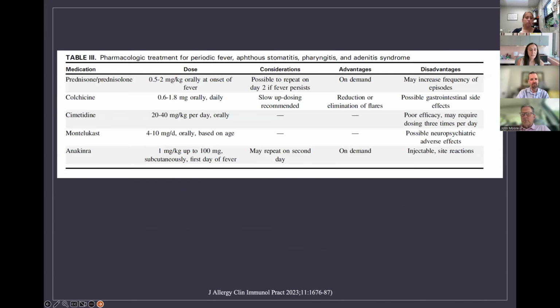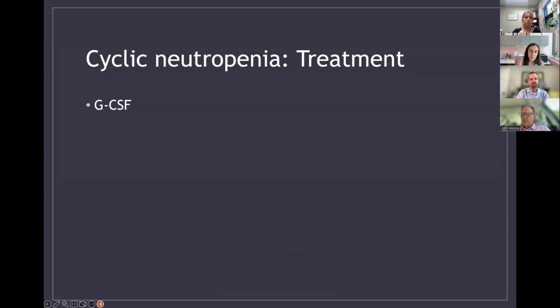I put this in here for you to see what the doses are and what the side effects are so that you can reference back for all of the drugs that I just mentioned. For cyclic neutropenia, the very specific treatment is to boost the neutrophils with G-CSF. You'll probably do that in conjunction with a hematologist.